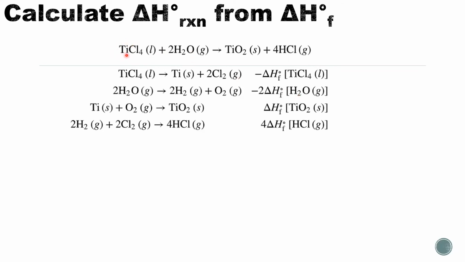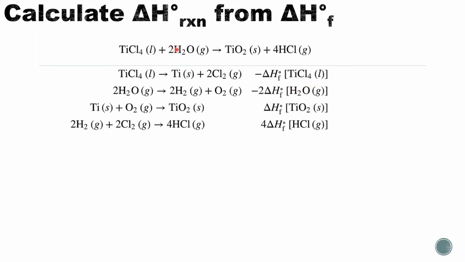For titanium 4 chloride, the titanium chloride is on the reactant side, so we can flip the standard enthalpy change of formation, or standard heat of formation. So we have the first equation. That's the negative standard heat of formation of TiCl4 liquid.